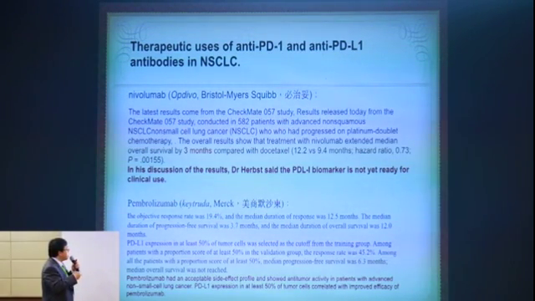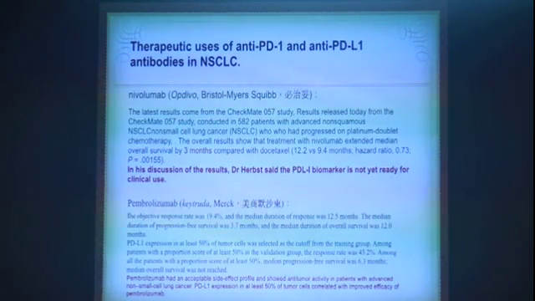So how to prolong the drug's effect, and how to suppress the anti-drug effect, is another issue that we have to solve. But these two pharmaceutical companies' stock prices are very high because of these two drugs.